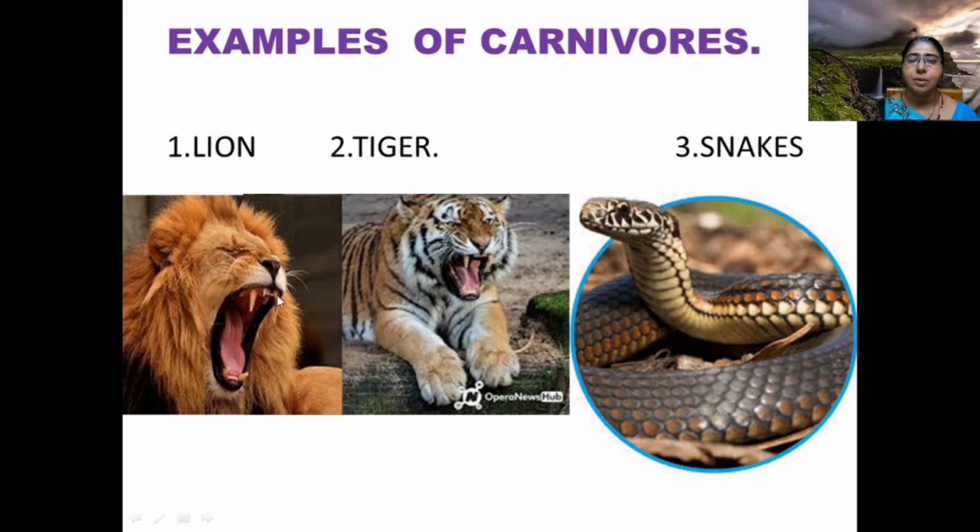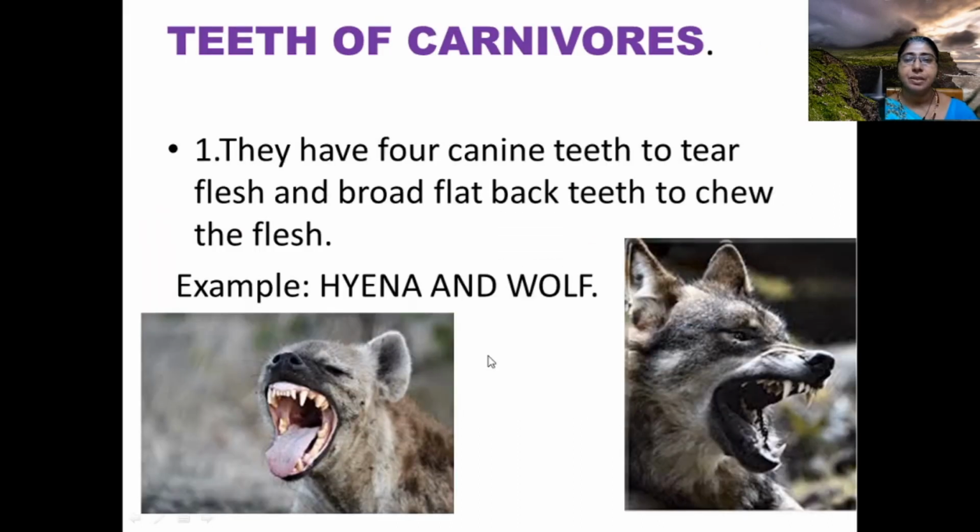When they open their mouth, you can see the sharp teeth. They have long, sharp canine teeth to tear the flesh of animals. When we study the teeth of carnivores, in the first picture we have seen that they have long, pointed canine teeth to tear flesh. Here you can see the broad, flat back teeth also chew the flesh of other animals.